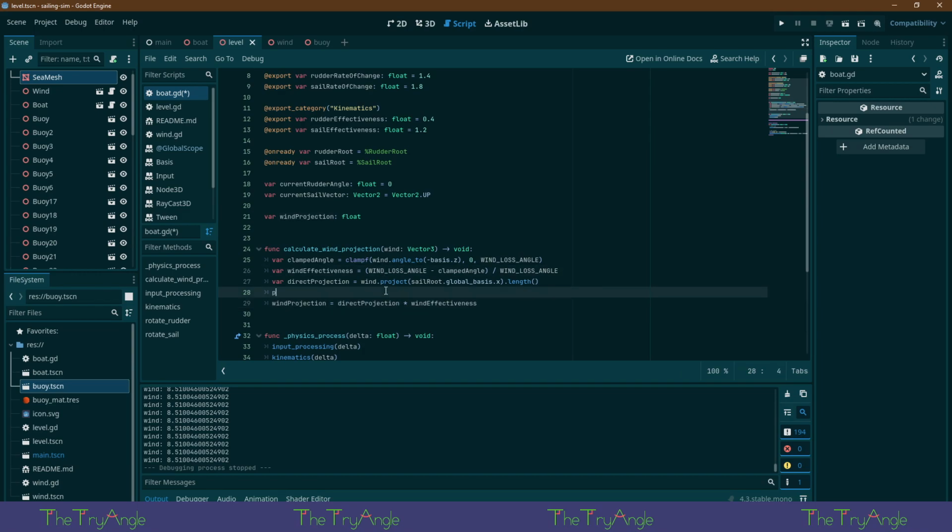Effectiveness. And projection is going to be that. Actually, call this one direct, not direction. All right. And wind.